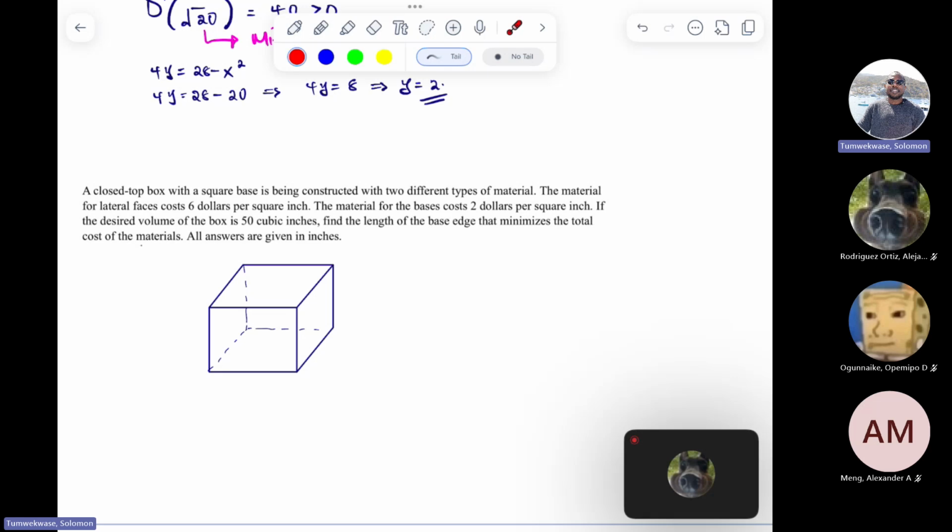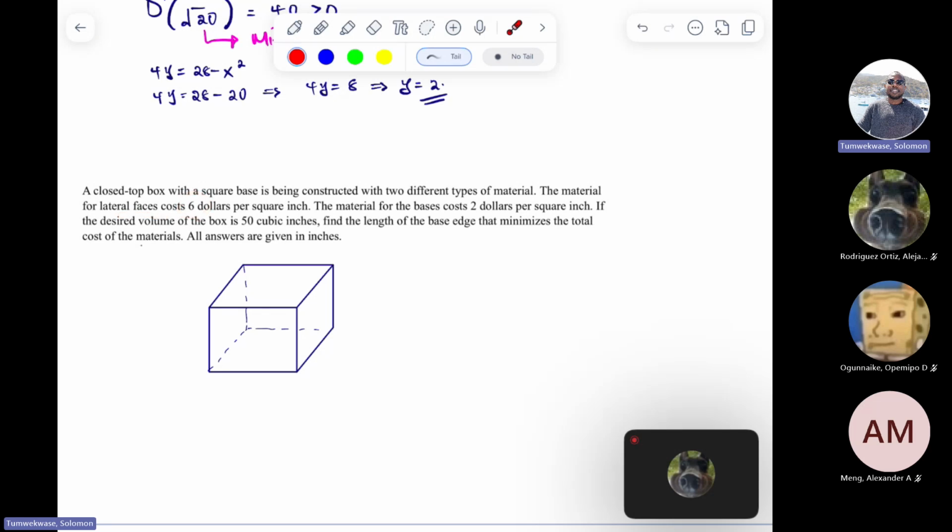So when they say the lateral faces, they mean the sides. So this guy here, this guy here, then this guy here, and this guy behind. So those are our lateral faces. So we have a certain material for the lateral faces, and that material costs $6 per square inch.